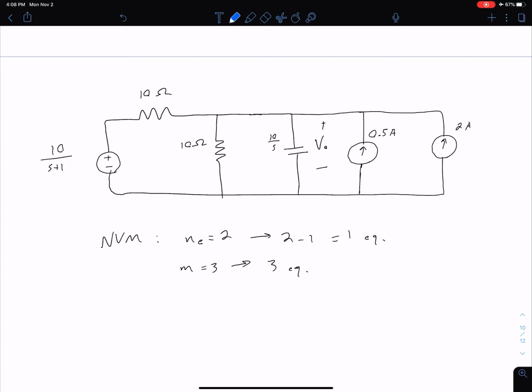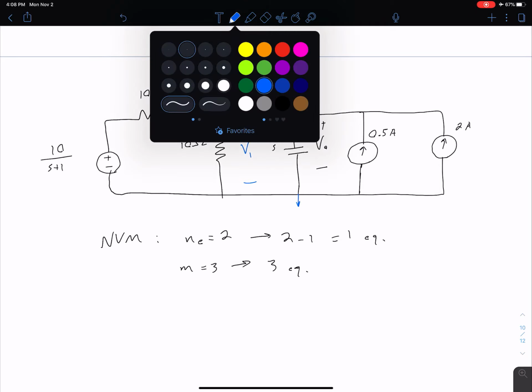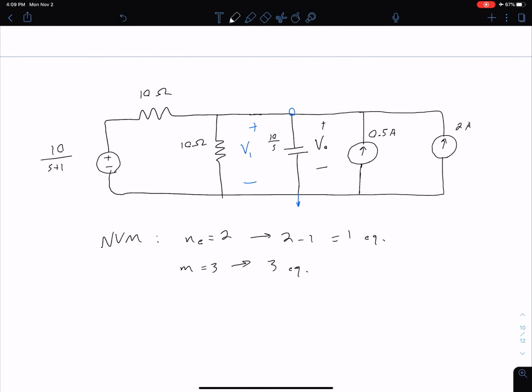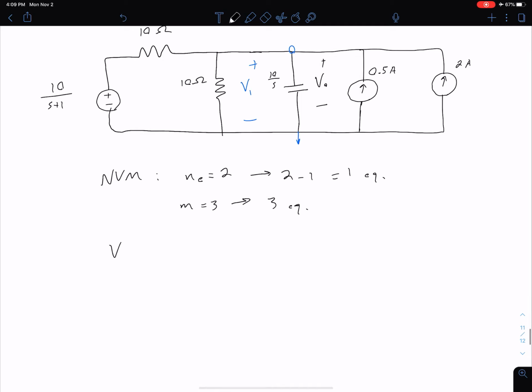So let's choose our bottom to be our reference again, and our top to be our node of interest. And between the two, we then have V1. Another reason that our node voltage method is sort of attractive here is because we notice that V1 is equal to V out. And so what that means is once we solve that node voltage equation, we immediately have what we're looking for in the S domain.